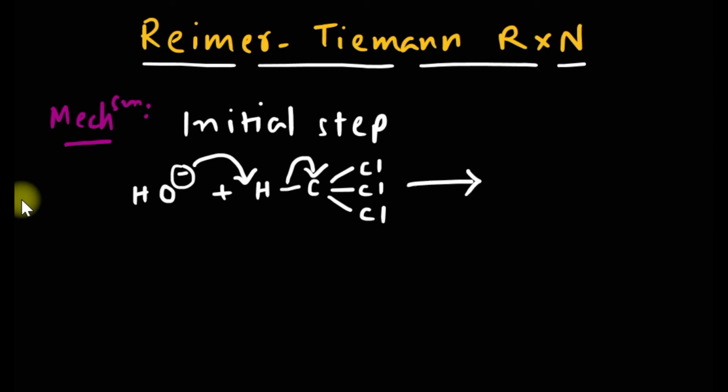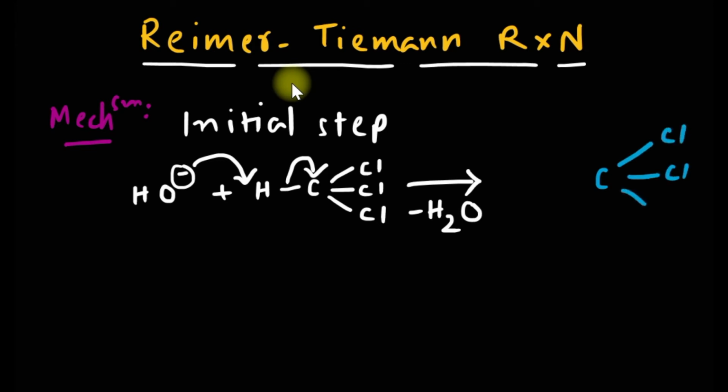OH negative and hydrogen will be released as water, and then what happened? The 3 chlorine atoms remain with carbon, and as this sigma bond electron pair goes to this carbon, it will now be negatively charged. Why is it negatively charged?